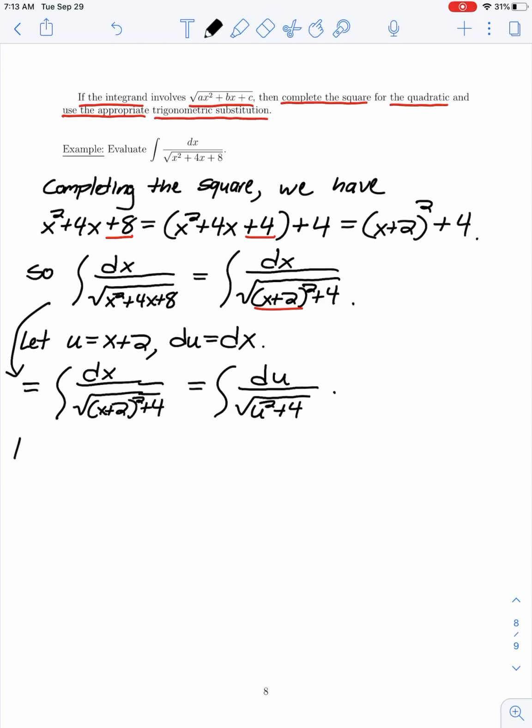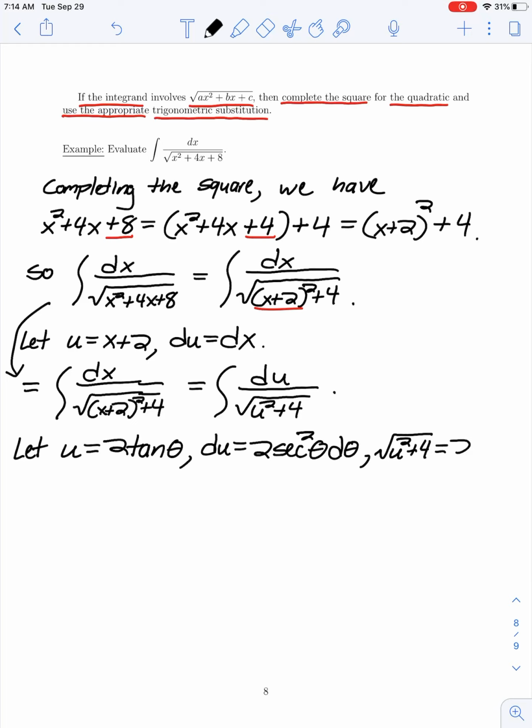So let's choose u to be a, which in this case is 2, times tangent of theta, since we have the square root of a sum of two terms squared. So that would make du 2 secant squared theta d theta, and our denominator, the square root of u squared plus 4, reduces to 2 secant theta.